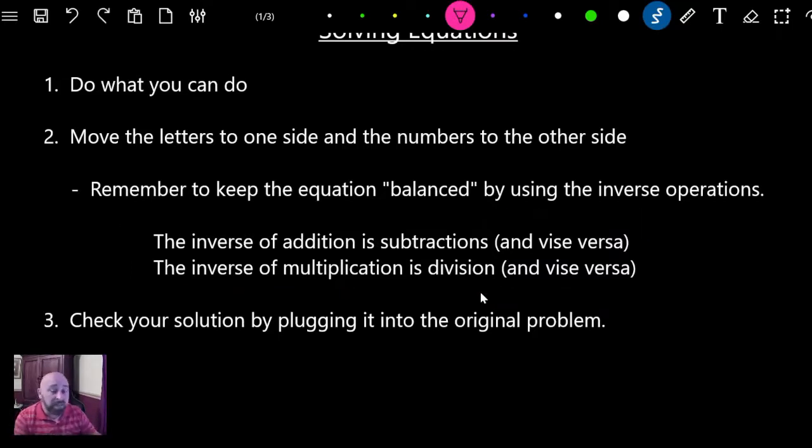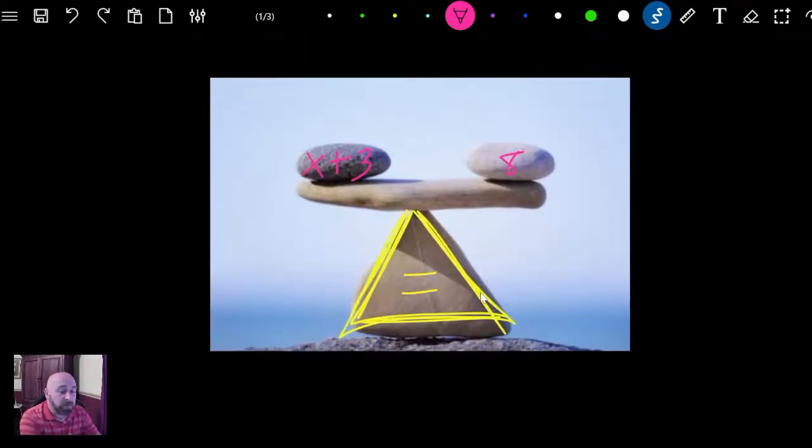If I want to use the inverse to solve this, here's what I want to do. I want to take this 3 right here and move him to the other side. Why? Because that's a number, and I want this over here. I'm going to call this my number side, and I'm going to call this my letter side.